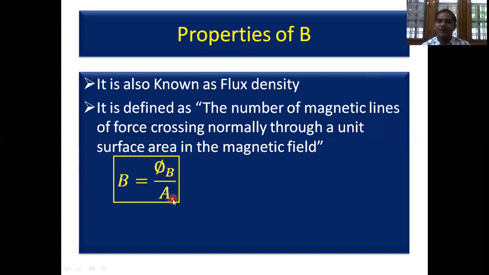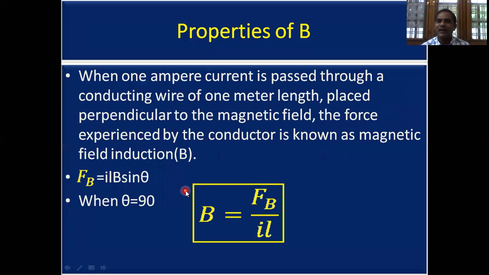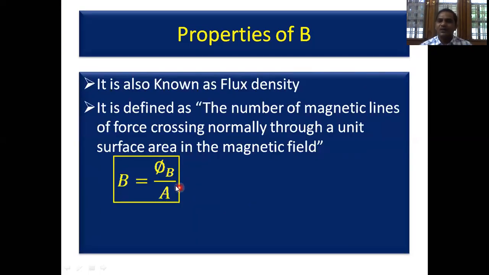Weber, so Weber per meter square. Hence the unit for B is Weber per meter square. So B is defined as the number of magnetic lines of force crossing perpendicularly through a unit surface area, called magnetic flux density.